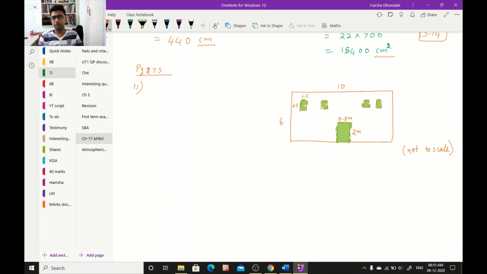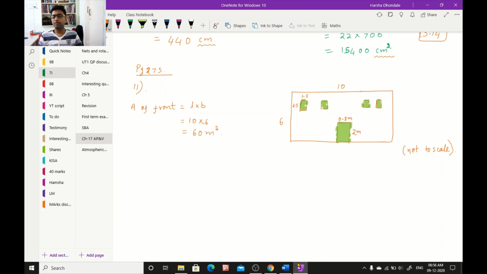Okay, so area of front equals length into breadth equals 10 into 6 equals 60 meter square.